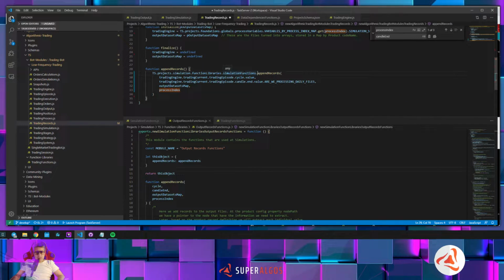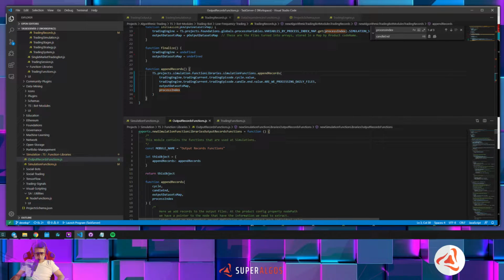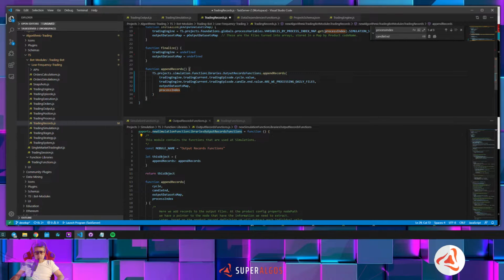But instead of simulation functions, this is going to be output record functions.